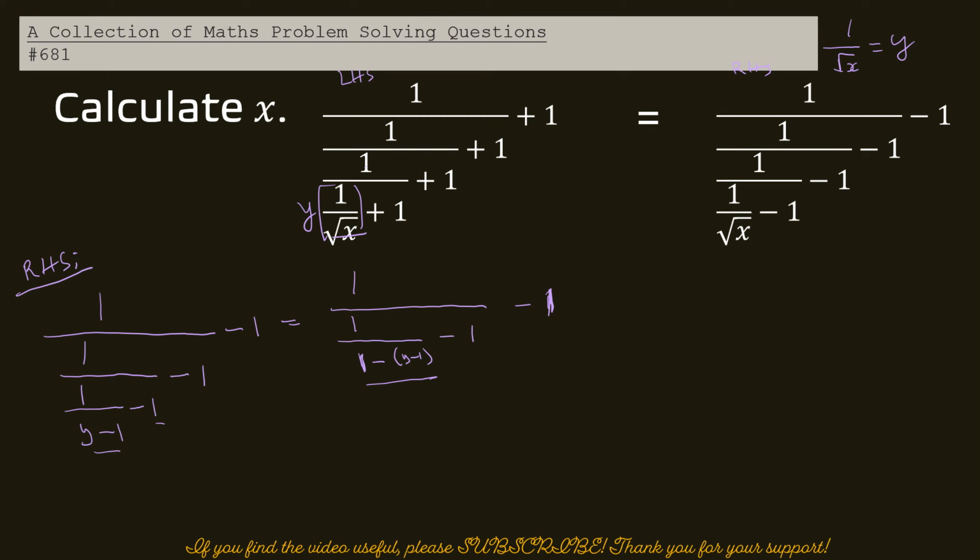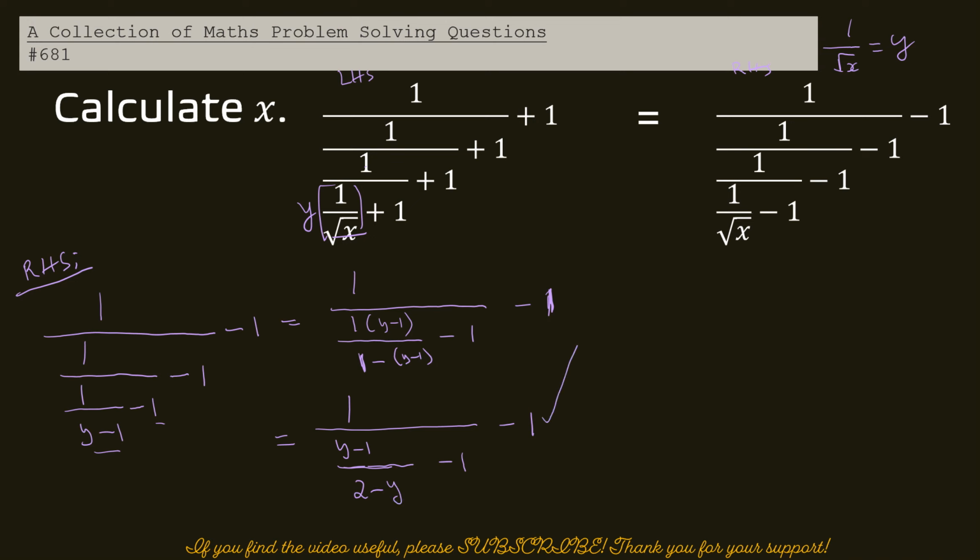This y minus 1 I'm going to take up to the numerator, and then I can write that equals 1 divided by 1 out of, then y minus 1, and here minus 1, and 1 minus y plus 1, that is 2 minus y.